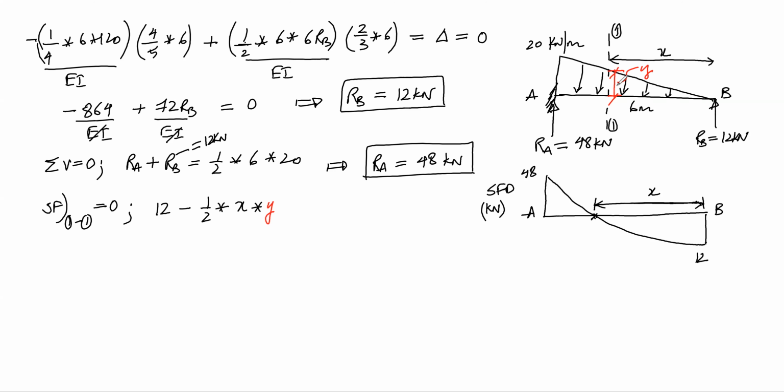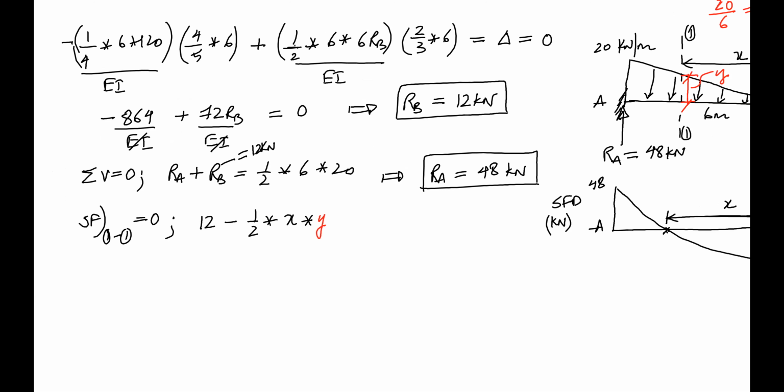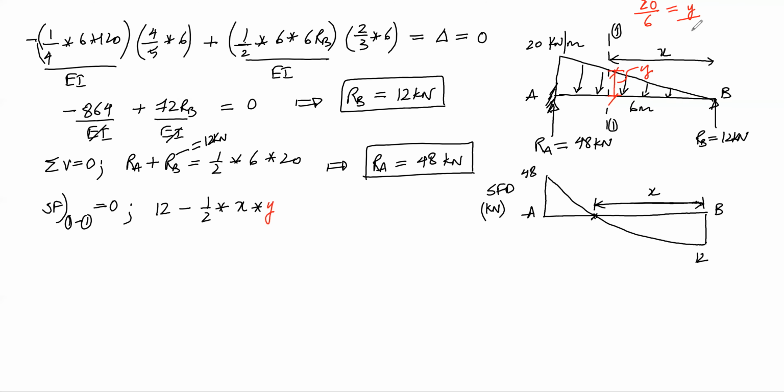So using similar triangles, I can write 20 divided by 6 is equal to y divided by x. So from this equation, I get y as 3.33x. Okay, so now this equation is equated to 0.